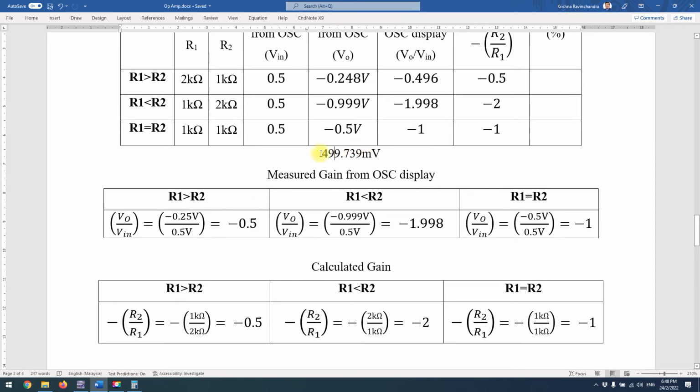Alright, now let me give you another thing. Remember previously when we were doing the potentiometer lab, whenever it is like this, 499.739, as we try to change it to volts, we'll observe whether this is higher than 5.